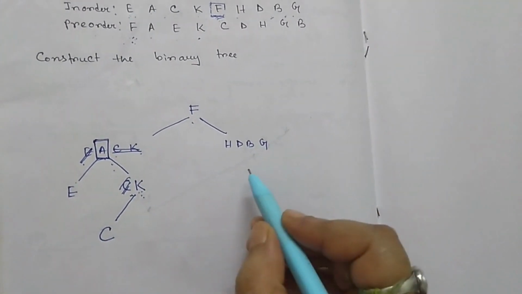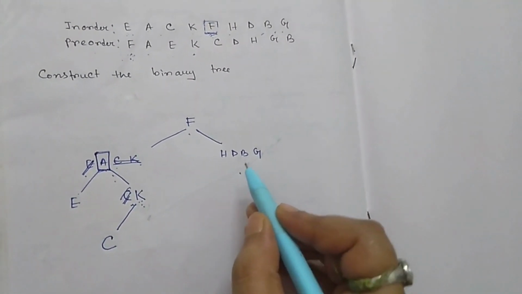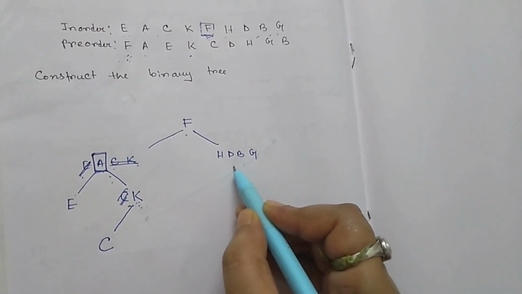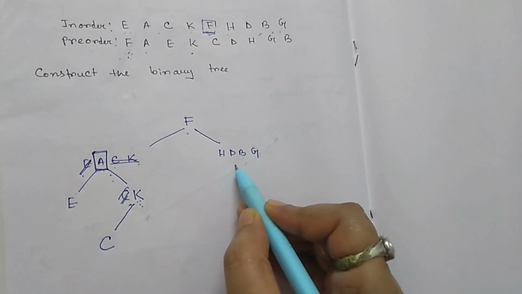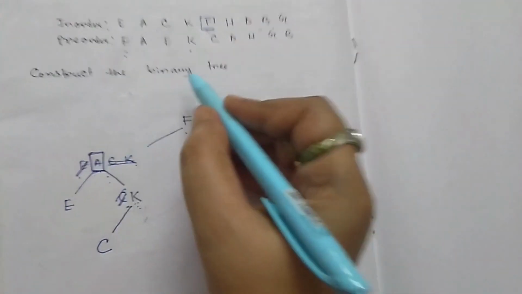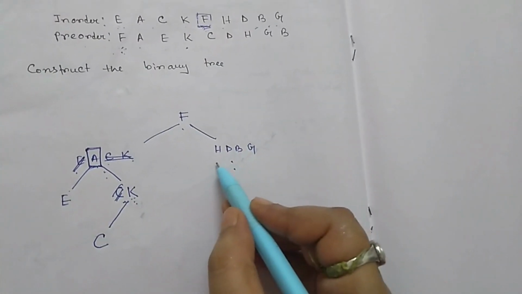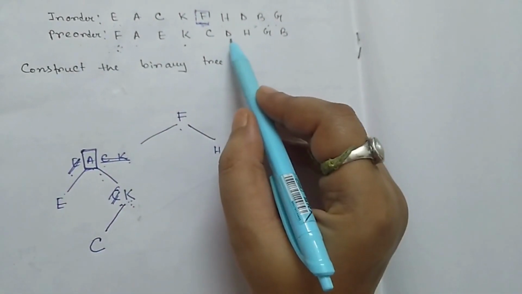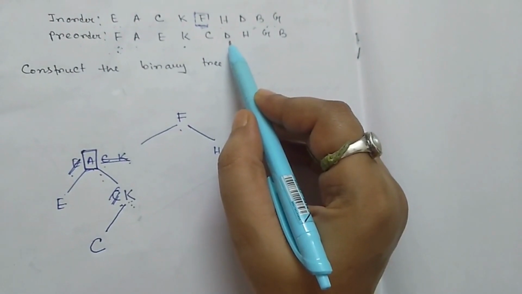Again we move to the right-hand side. Again we recalculate the root value of the right subtree, and we find the root value from the pre-order sequence. So between H D B G, D occurs first.